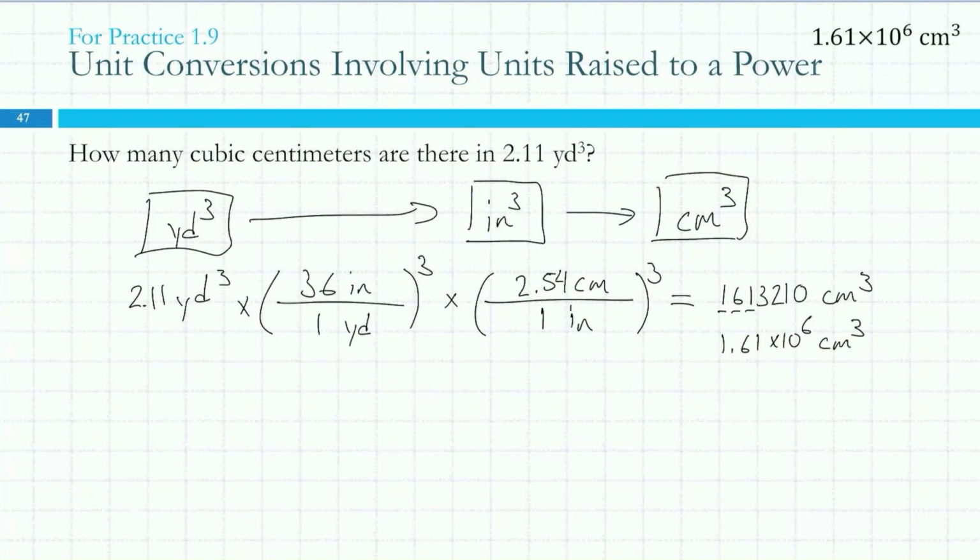The other way would be to use the exact same conversions, but then use them as many times as you need to get rid of the full yards cubed. Because if I just do one conversion here, 36 inches over 1 yard, I'll just get rid of one of those units of yards. So I'd be still left with yards squared. So then I need to do this again. And then again.